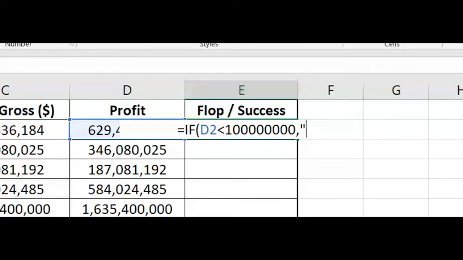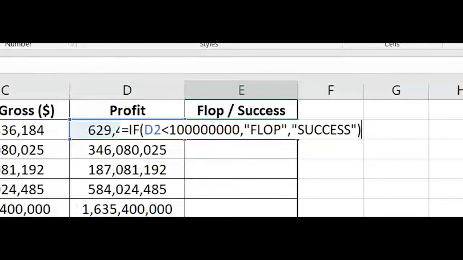Kung hindi, dapat success yung lalabas. Okay? And then close it with close parentheses. Did you get the formula? So, we have the equal sign, then the if function, and D2, which is the cell name for the profit of Spider-Man 3, lesser than 100 million, then flop, and then success.